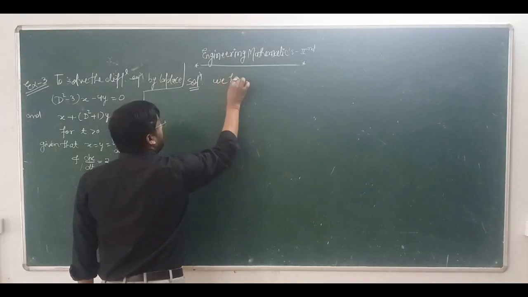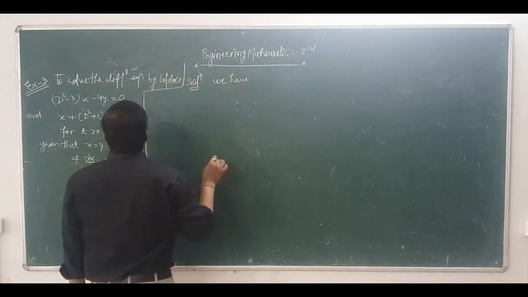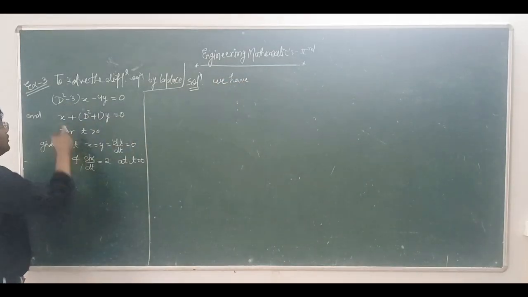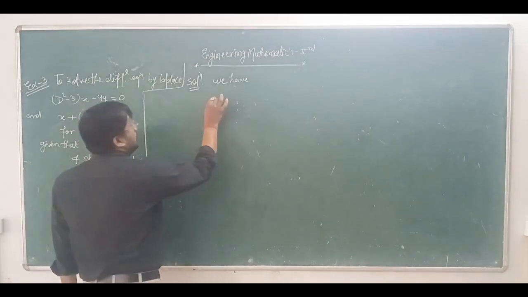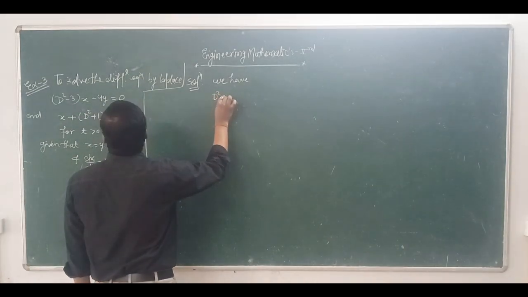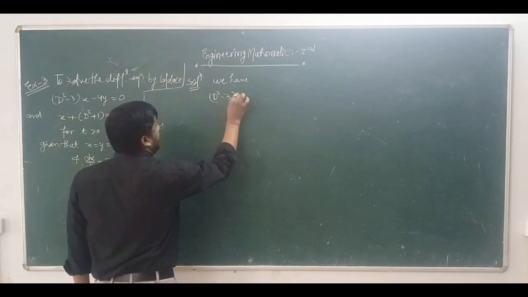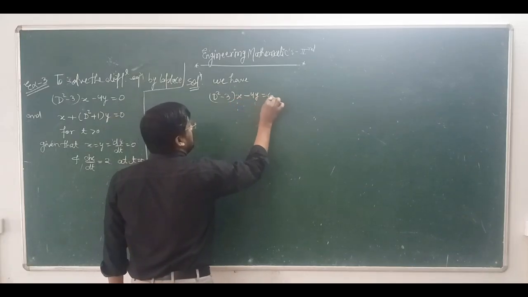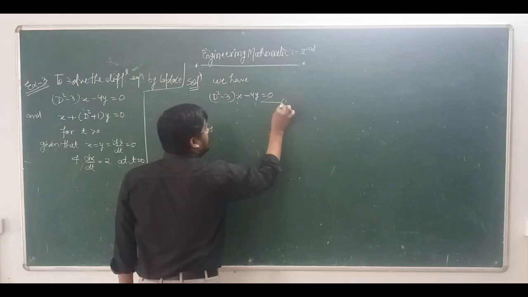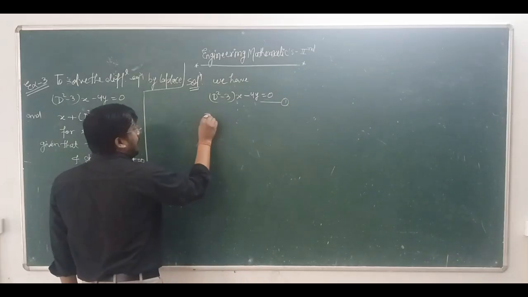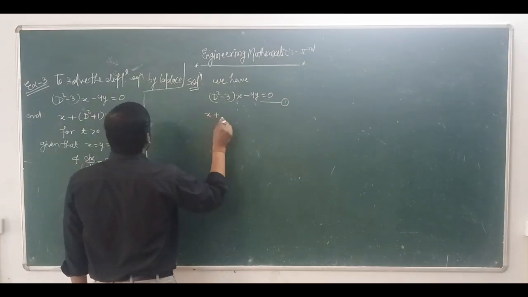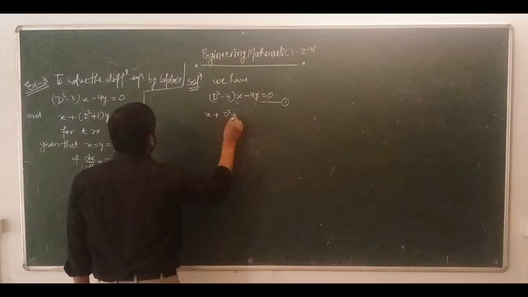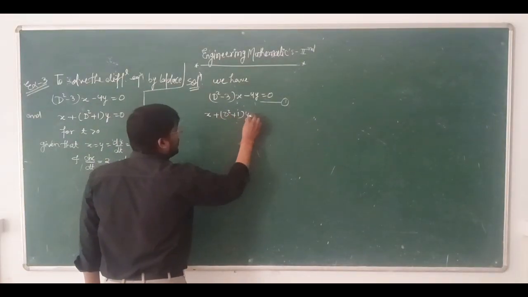Now the solution of this problem. We have, you can note down, (D square minus 3)x minus 4y is equal to 0. This is equation number first, and x plus (D square plus 1)y is equal to 0.